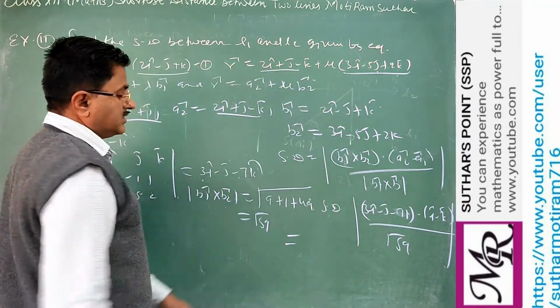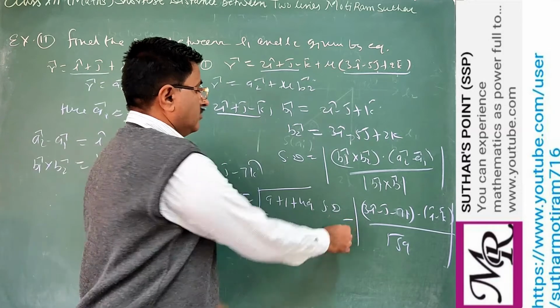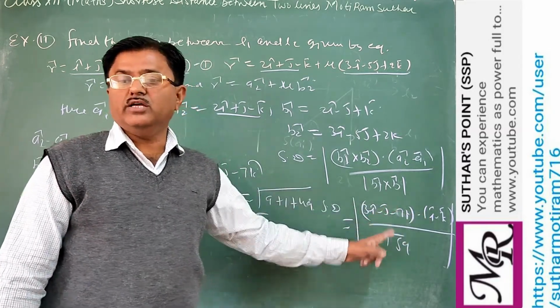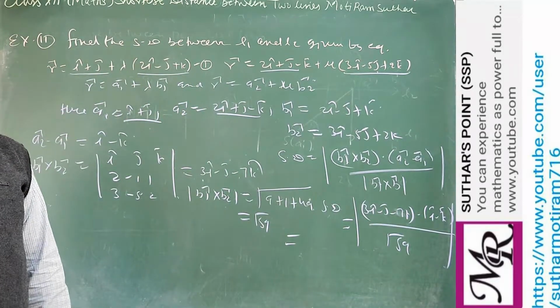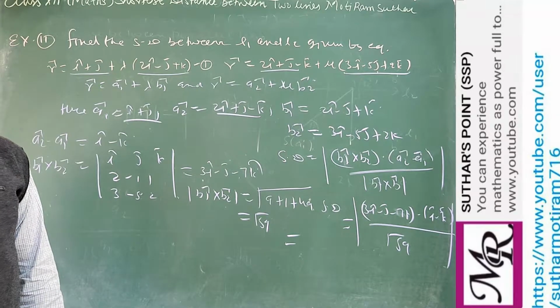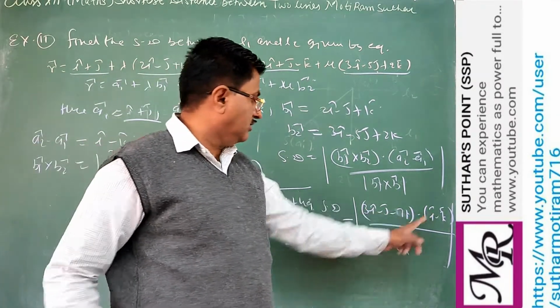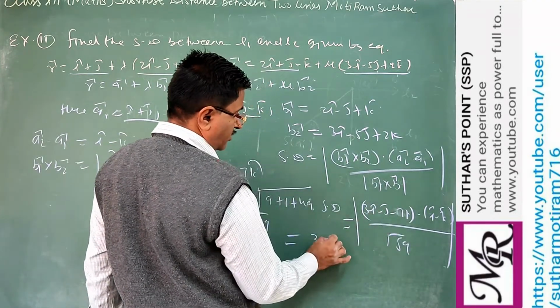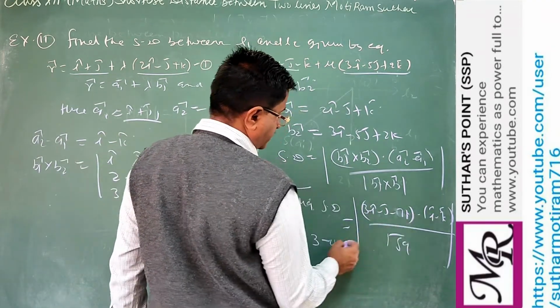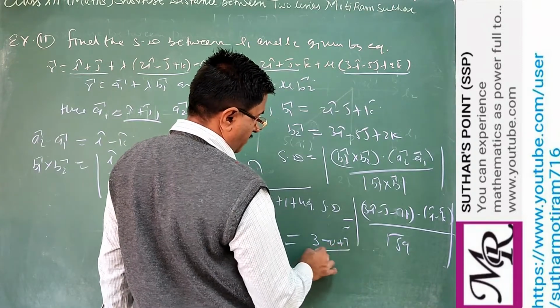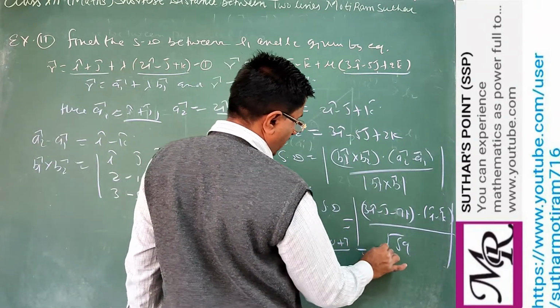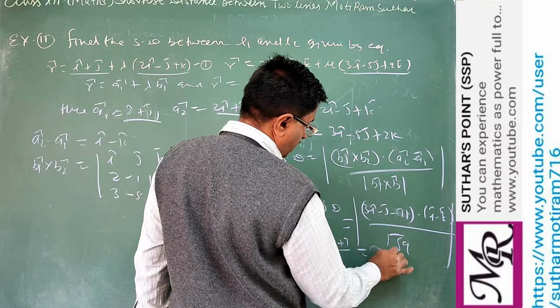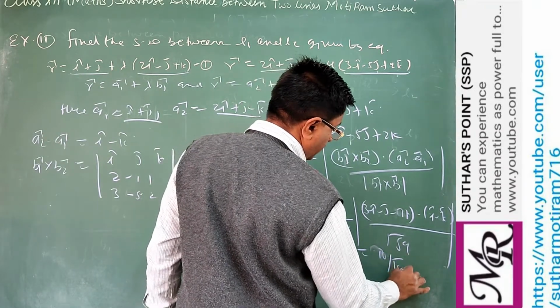So now you can see here we have to multiply i with i, j with j and k with k. Clear? So this is 3 into 1, 3. Here 0 into minus 1 is 0. Minus 7 into minus 1 is plus 7, upon root 59. So finally you get 10 upon root 59.